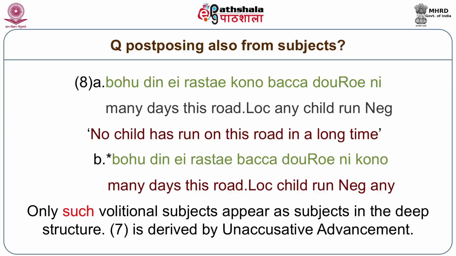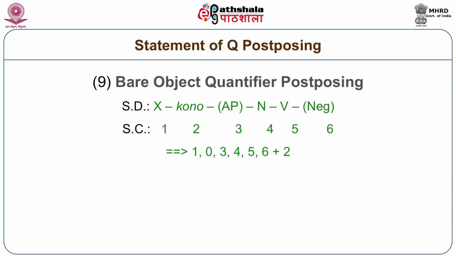In this paper, we shall set aside the question of why the term unaccusative advancement has been chosen to describe this transformation. Just take it for granted that there is some technical term here. We can now state the transformation. We will do it for you because it is a really complicated phenomenon. We don't want to give you an exercise, let you make mistakes and then correct them.